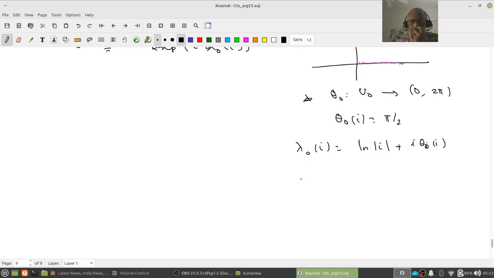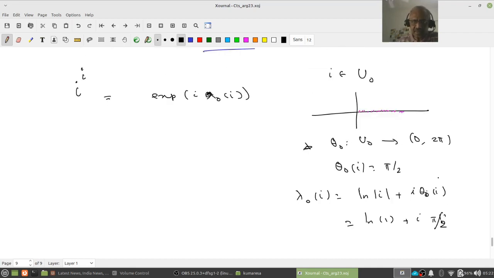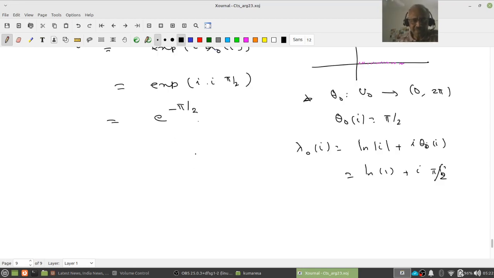And lambda 0 is the continuous logarithm on this set. The natural logarithm of 1 plus i theta 0 of i is pi by 2. Therefore, i power i is exponential of i into i pi by 2. This is exponential of minus pi by 2.